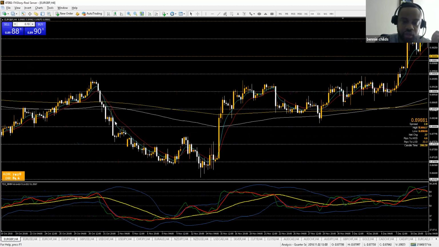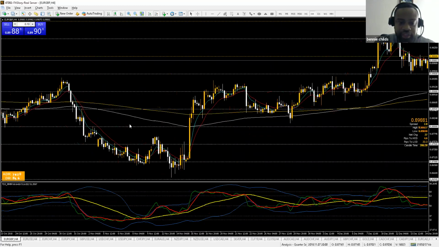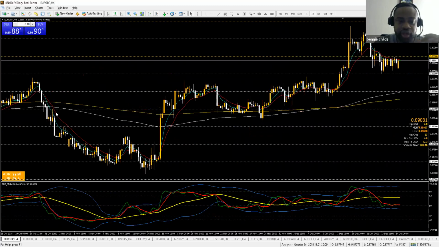Now, the other two, I call our directional moving averages, the 7 and the 14. They just let us know the direction that the market is going in. As I always say, I really don't like indicators. I really prefer price action, a naked chart, but this does help. The reason I don't like indicators is because they lag behind.